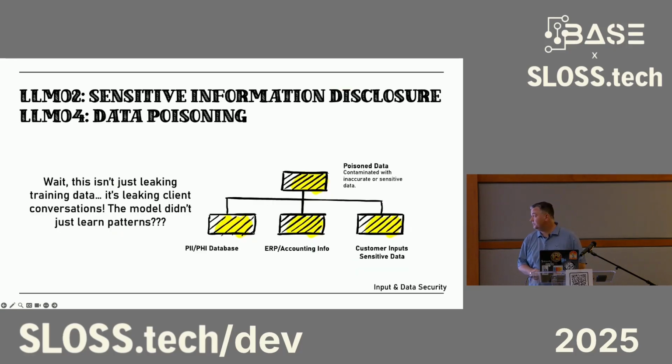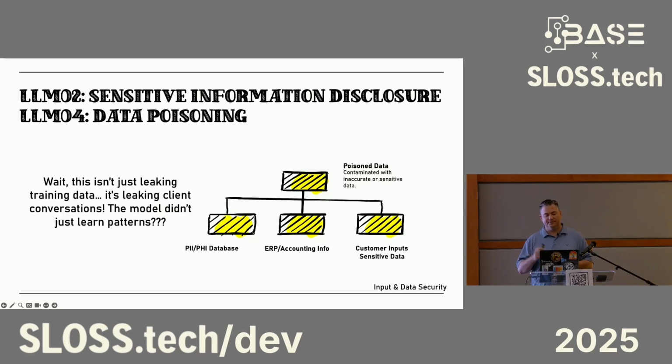So let's get into data poisoning. This is when you don't sanitize your data, or someone injects malicious content into your knowledge bases or the foundational models that you're building off of. This can happen a lot of ways, such as hidden text in resumes, or binary encoded data that slips in.